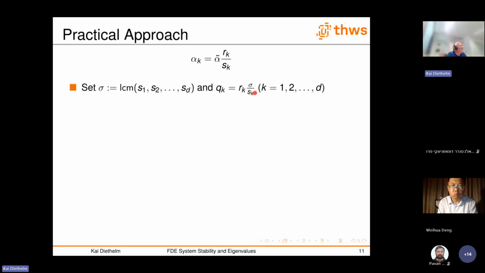When you look at this, you know that sigma is a multiple of each sk, so sigma divided by sk is an integer, rk is an integer, so qk is also an integer.